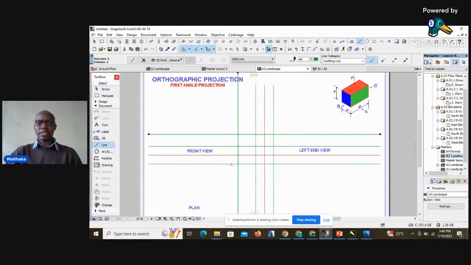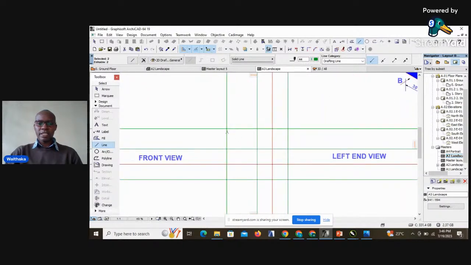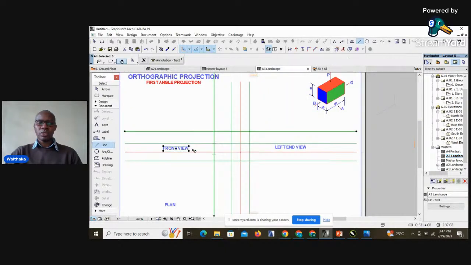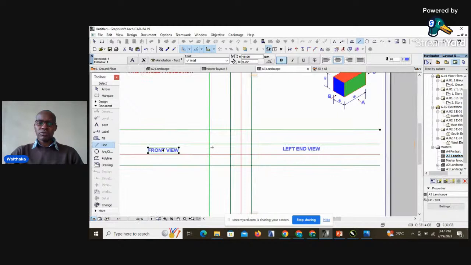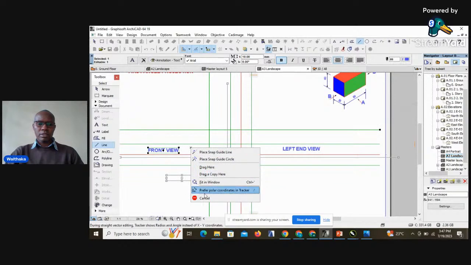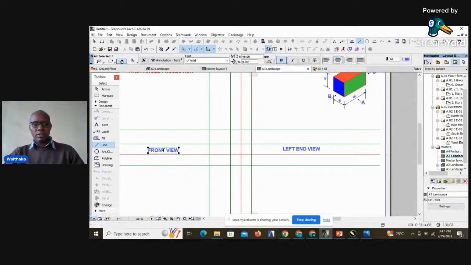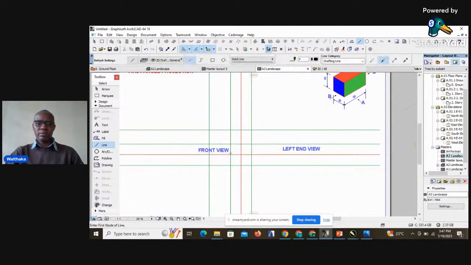At 40 millimeters. And then this will now give me the front view, which is a rectangular face of 60 millimeters by 40. So we'll have our front view there, 60 millimeters by 40.